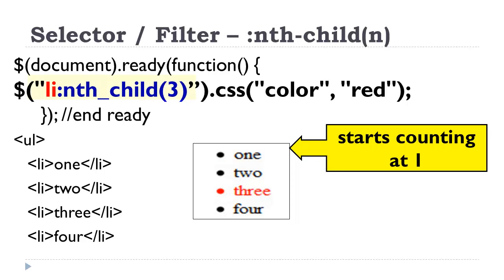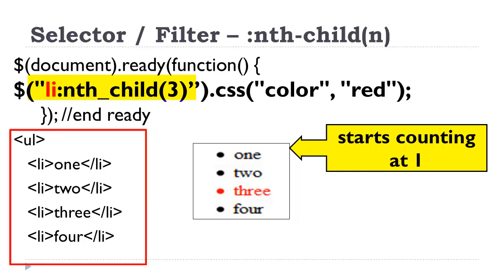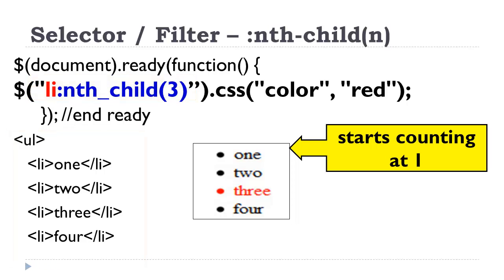The nth child selector works a little differently than the even odd selectors. So if you look at our unordered list and the selector that we're using is the nth child and we want the third one, in this case counting is going to start at 1 because we have to start at something, the first child.